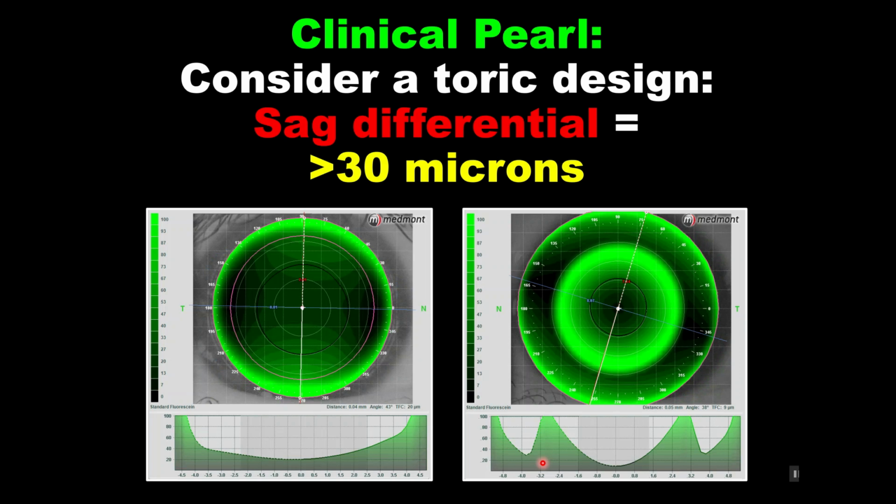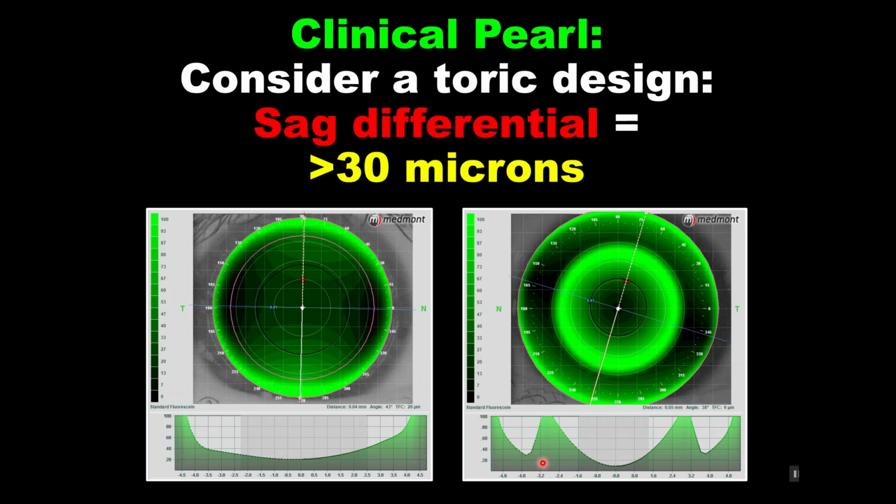Now, you remember that this patient had a 64 micron difference between the sagittal depth of the flat and the steep. And our threshold at Pacific University is eyes of 30 microns or greater.